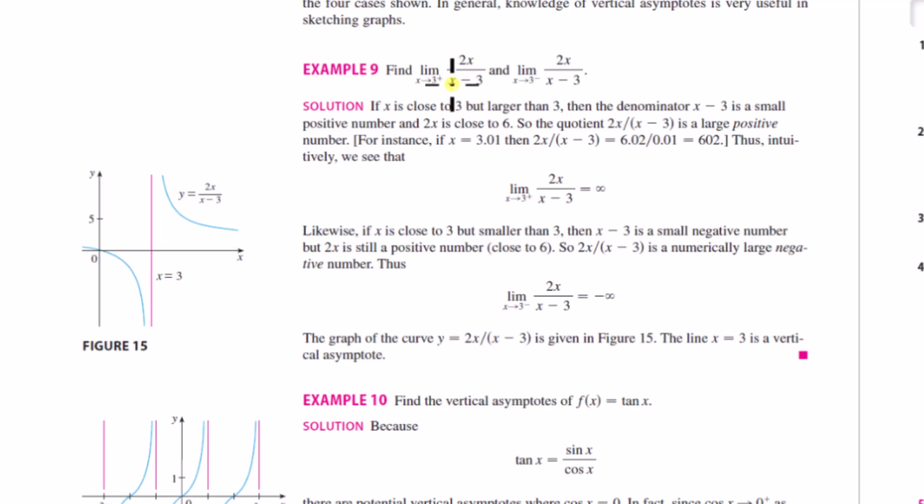And when you're dividing by a smaller and smaller number, as long as the numerator isn't also approaching 0, which this isn't. As we get closer to 3, the numerator would be approaching 6 from above 6, if we're coming from above 3.